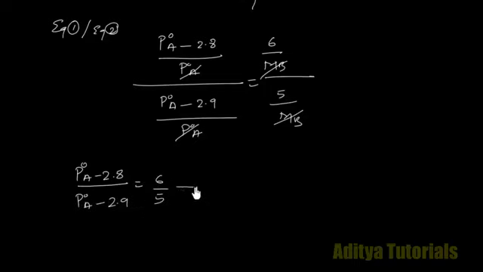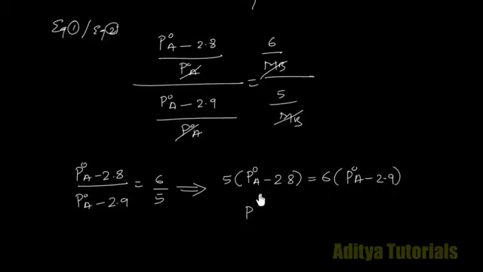Cross multiply these, and this implies 5 into (P naught A minus 2.8) is equal to 6 into (P naught A minus 2.9), and at the end, by solving all this, it is a lengthy process, I get the direct answer here. P naught A is equal to 3.4 kilopascal.